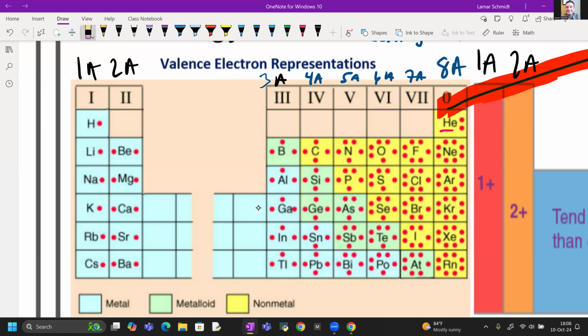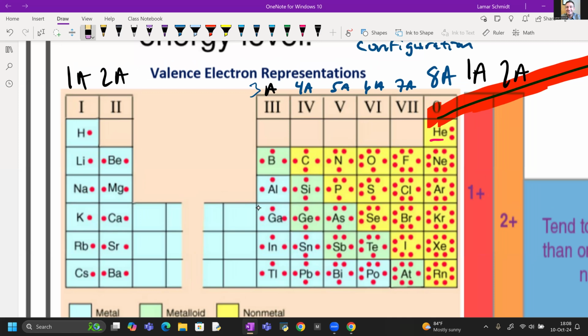Each element in group 1A has 1 valence electron. Each element in group 2A, what is this? Has 2 valence electrons. So group 1A has 1 valence electron. Group 2A has 2 valence electrons. Group 3A has, wow, all of those have 3 valence electrons.